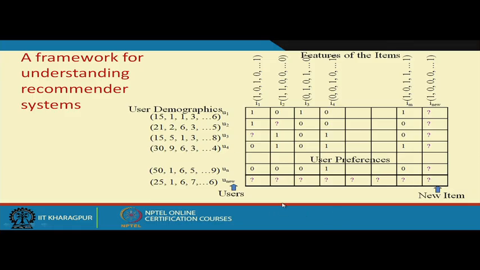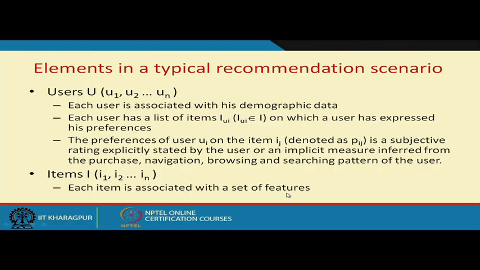Similarly, if a new user has come, which are the top few items he should be suggested? So, these are the typical elements in the recommender system recommendation scenario. The list of users U, where each user is associated with his demographic data.